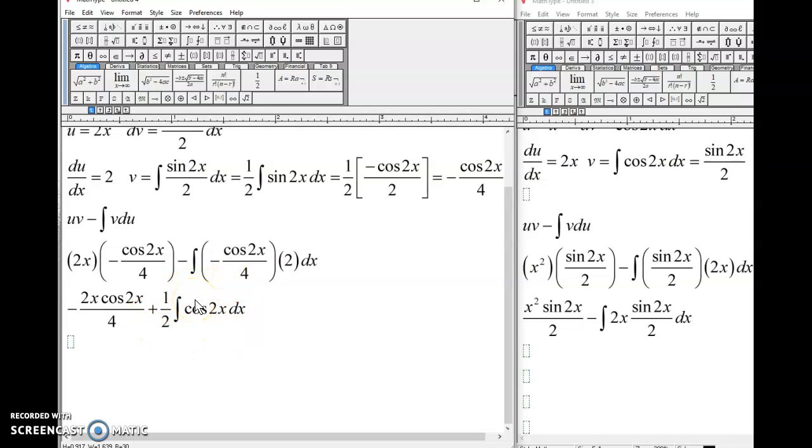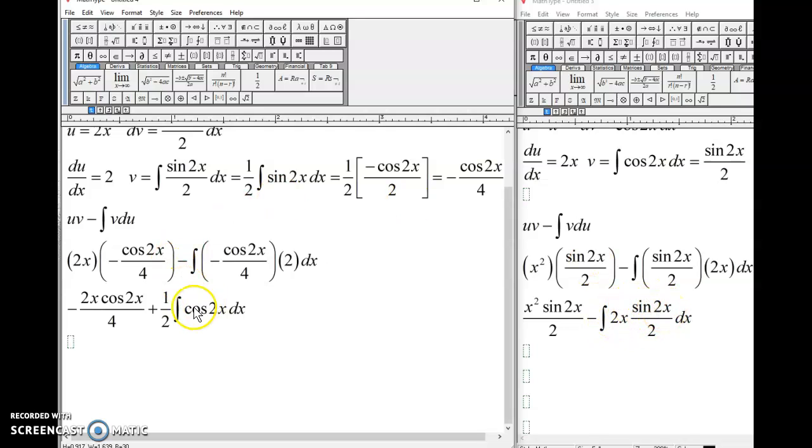Now, before we proceed, the question that we need to ask: can we solve this directly, just using a simple integration without using any technique? Yes, the answer is yes, because we only have one function here, cos 2x. Unlike before, where after we input it in the formula, it still ended up with two functions.